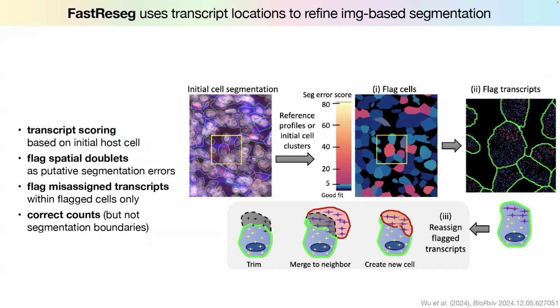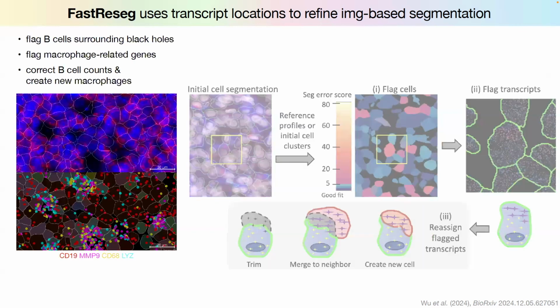Either we cut it off and we remove it, or we, like here in this case, we trim the cell. We can create a new cell, and we can say, okay, this part of me is like another cell. Or we can take these transcripts and assign them back to its neighbor. So this all kind of depends on the context.